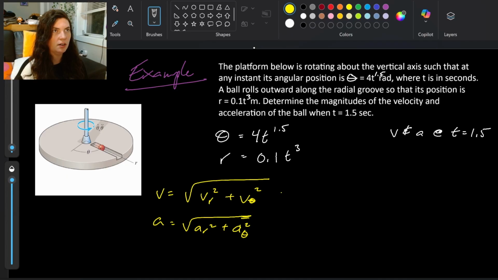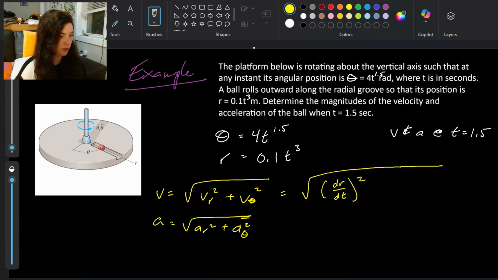So our v_r, and we can go ahead and substitute this in there, is going to be the derivative of r with respect to time. It's going to be dr/dt, or r dot, or r prime of t, however you want to think about it. And our v theta, we said, is r times d theta/dt.